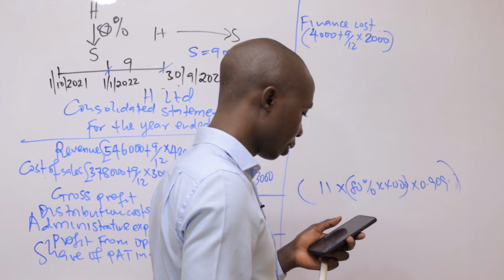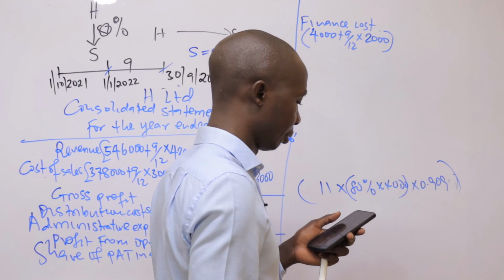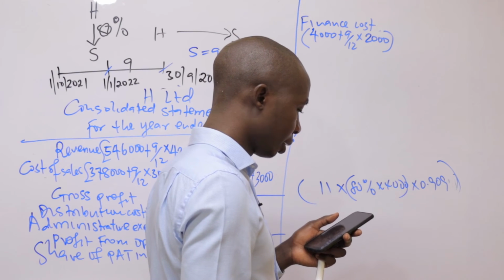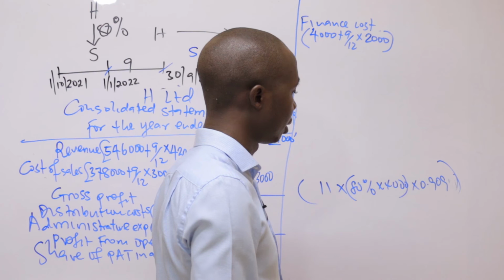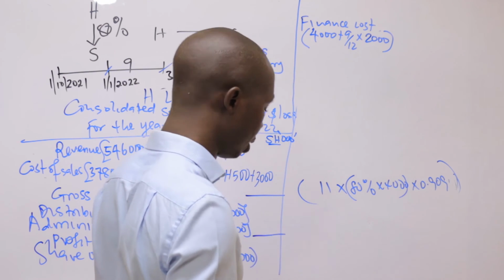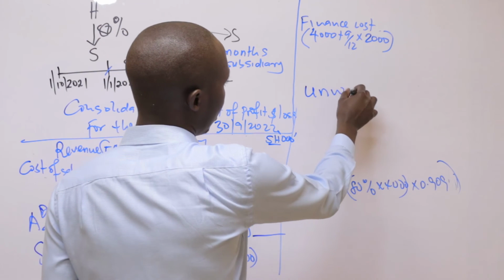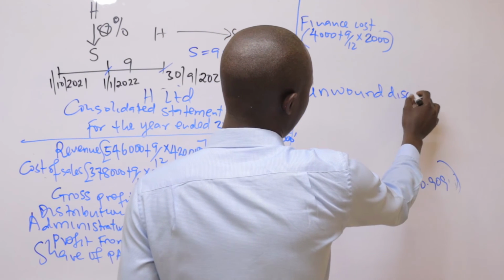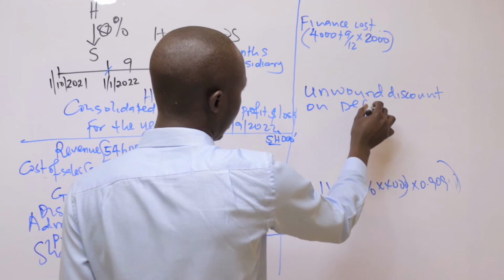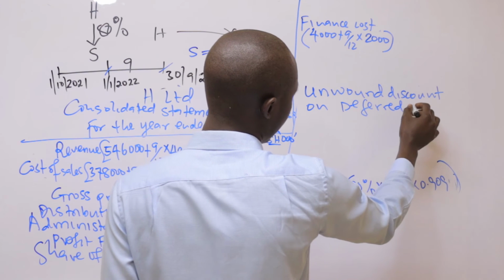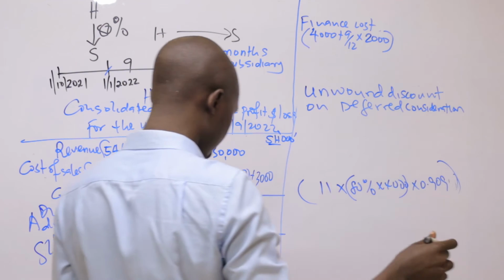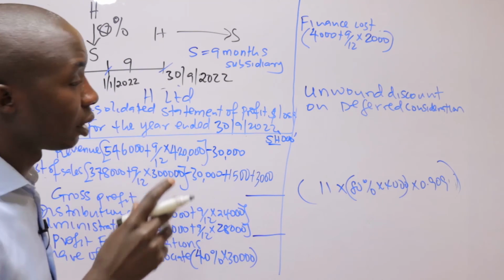So the cost of capital is 10% per annum, and the discount factor at 10%. Based on that, there's something we need to consider called unwound discount. The unwound discount on a deferred consideration must be added here, and it must be debited to the income statement.